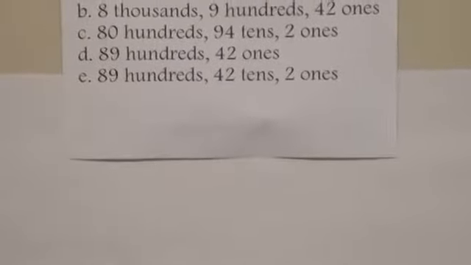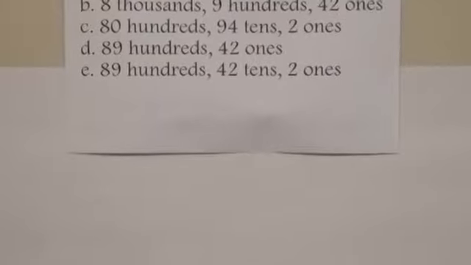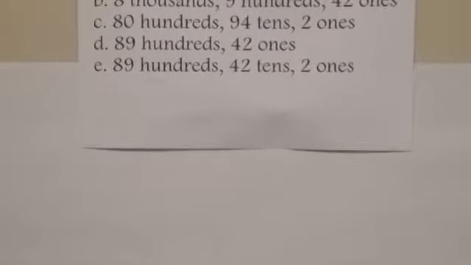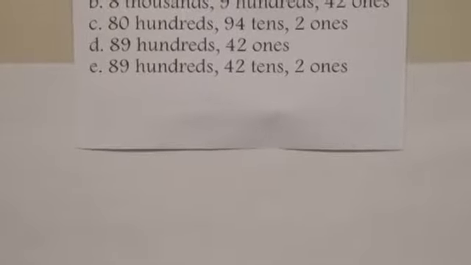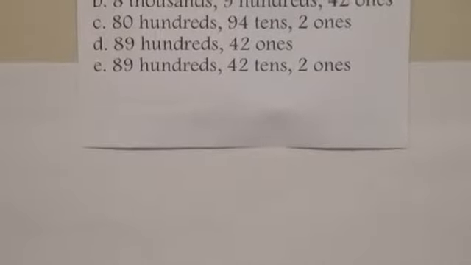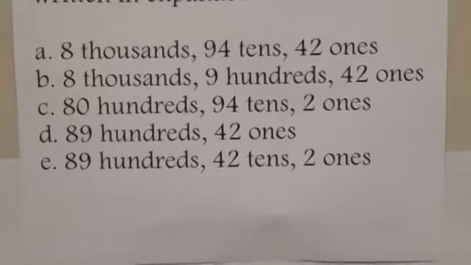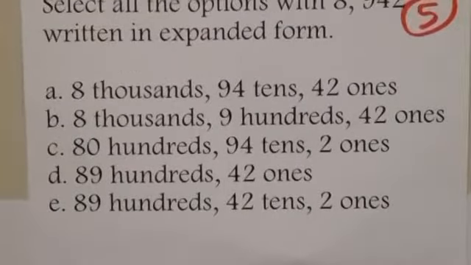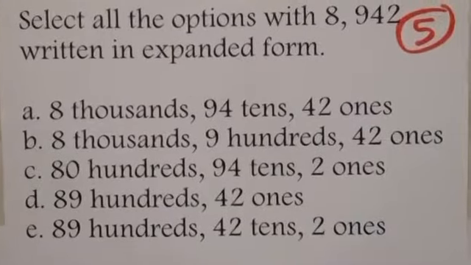All right, so we're looking for all the options that show 8,942 written in expanded form. Expanded form we know means that you say the number and the name of the unit. So the name of the unit could be like ones or tens or hundreds or thousands. And then the number is like the digit, 8 or 9 or 4 or 94. Okay.